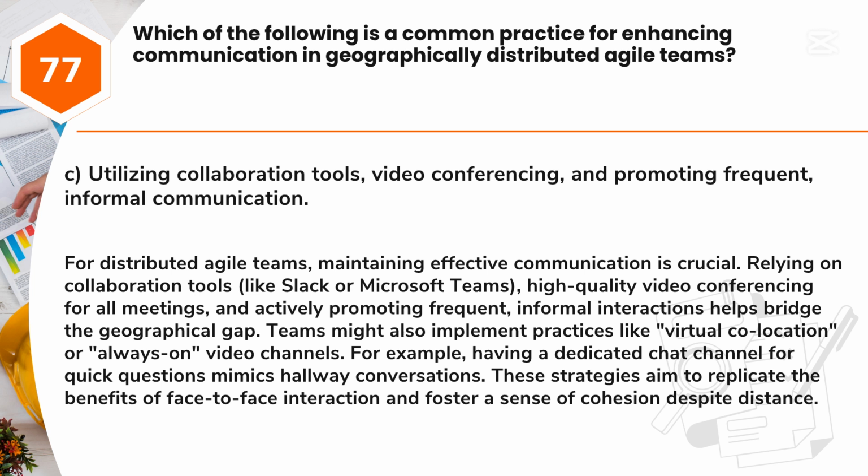Teams might also implement practices like virtual co-location or always-on video channels. For example, having a dedicated chat channel for quick questions mimics hallway conversations. These strategies aim to replicate the benefits of face-to-face interaction and foster a sense of cohesion despite distance.